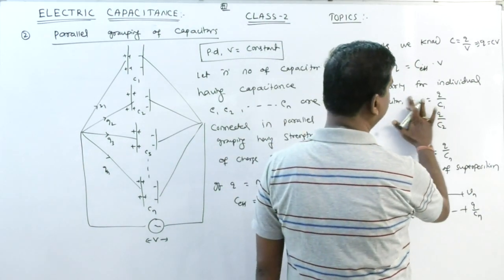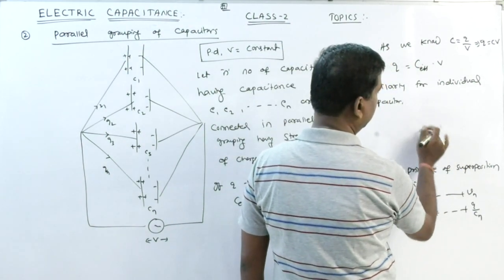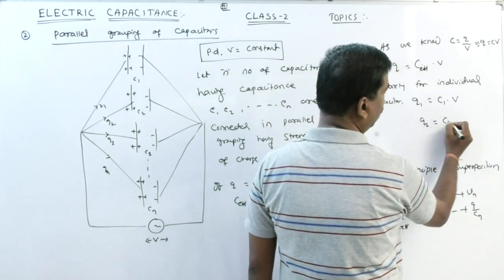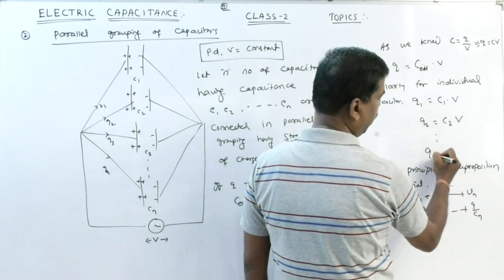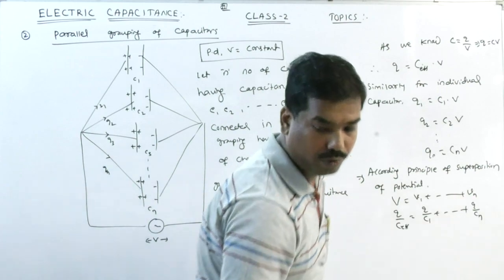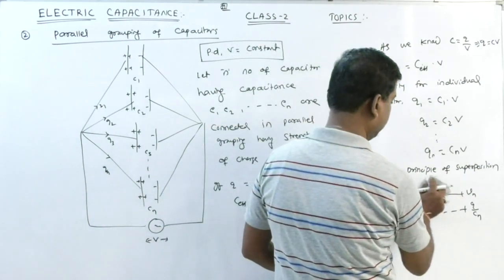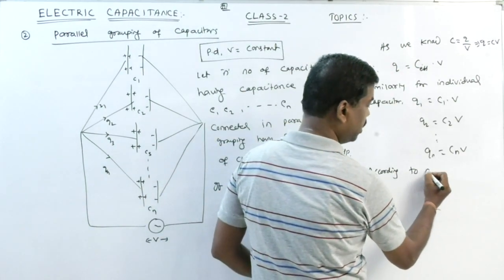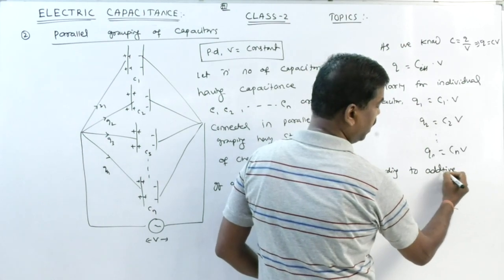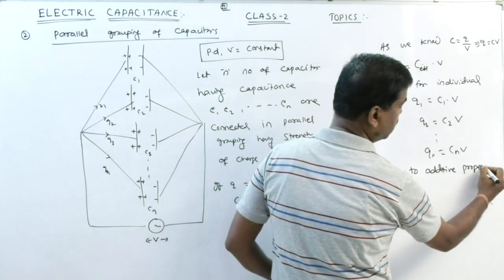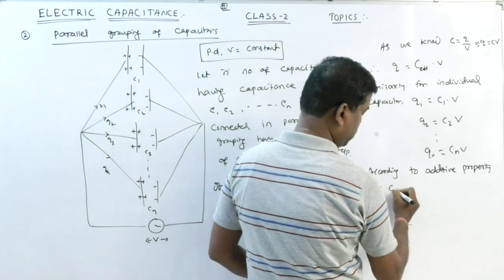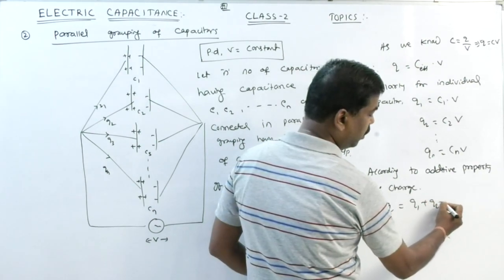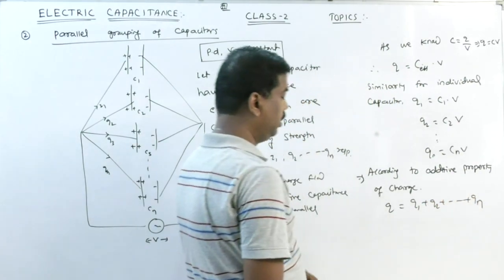Similarly, for individual capacitances, I can write Q1 is equal to C1 into V, Q2 is equal to C2 into V, and so on, Qn is equal to Cn into V. According to the additive property of charge, Q is equal to Q1 plus Q2 plus ... plus Qn.